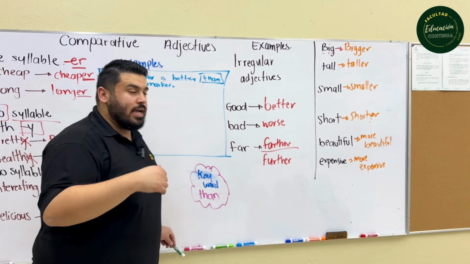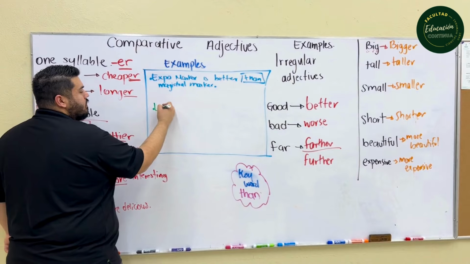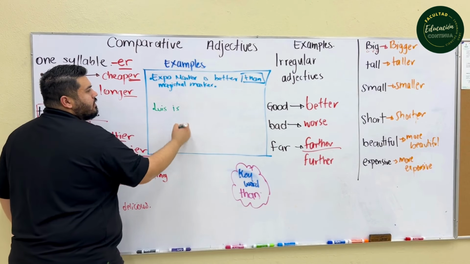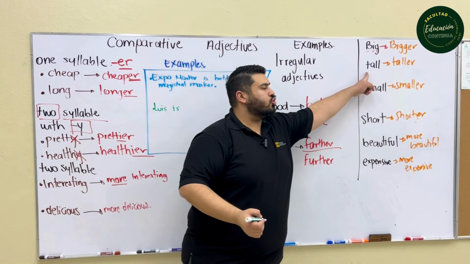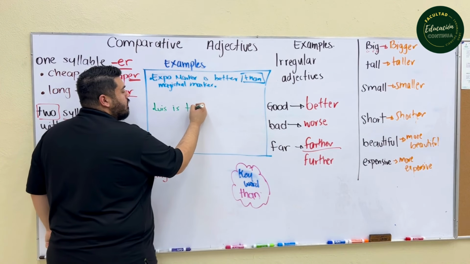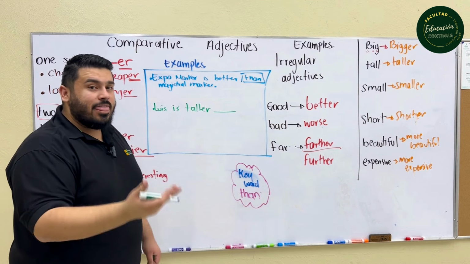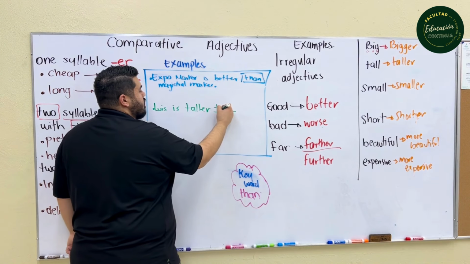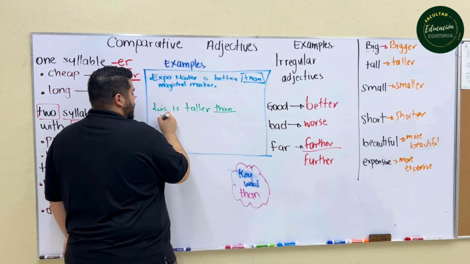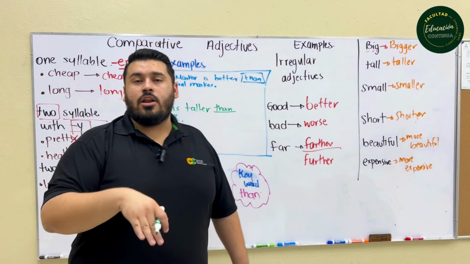Okay? Now, next one. Luis is, we're going to use this one. Tall, we're going to compare taller. Now, taller than Max. Okay? So, another one.